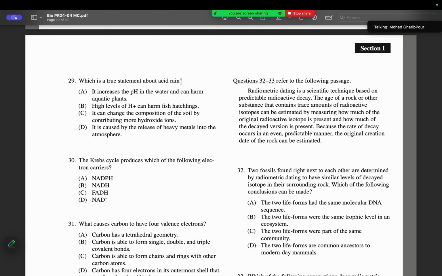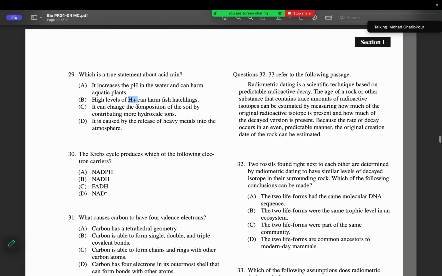What? Nah. No. No. So this is wrong. High levels of H plus can harm fish hatchlings. This is true. Okay. Acid releases H plus.